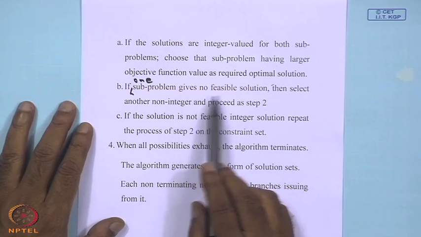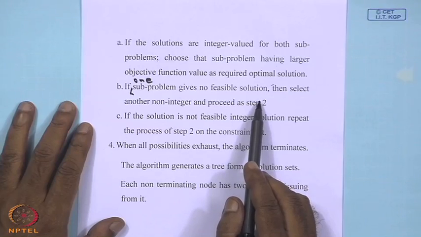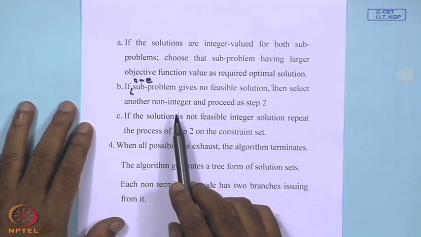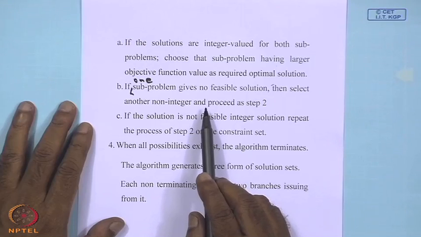So, if your subproblem does not give any feasible solution, select another non-integer variable, since we are assuming there will be more than one basic variable whose value is non-integer in the original problem. I have taken the first non-integer variable, and from that I pose two subproblems SP1 and SP2. By solving, we find that there is no feasible solution.